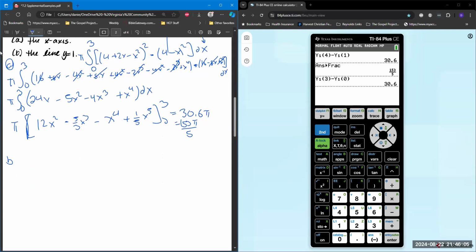Part B, we want to revolve around the line y equals 1. So I have pi integral from 0 to 3 of 4 plus 2x minus x squared minus 1, because that's what I'm revolving around.